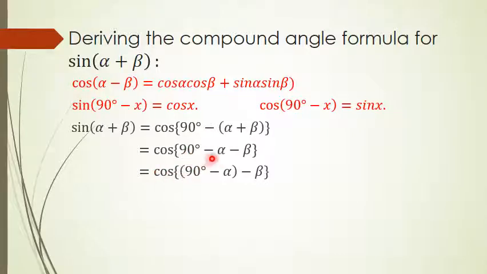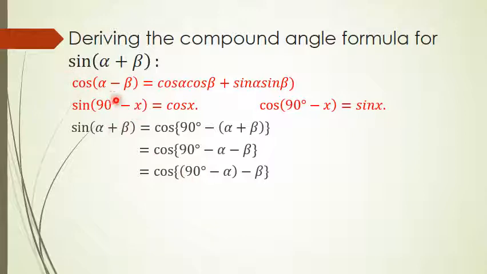Next thing, we regroup. We group 90 degrees with alpha, so that we consider this as one angle. Then this looks like that, with alpha now replaced by 90 minus alpha.